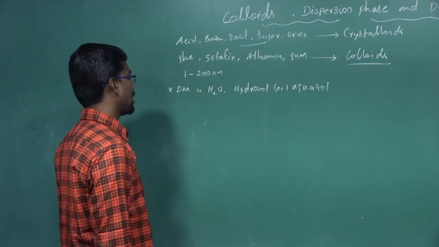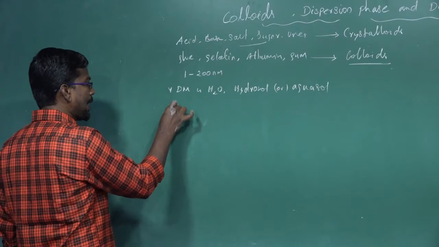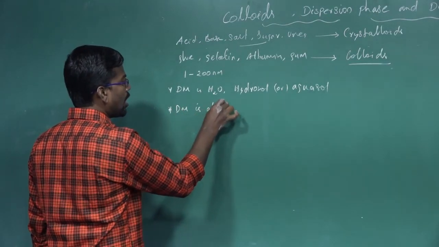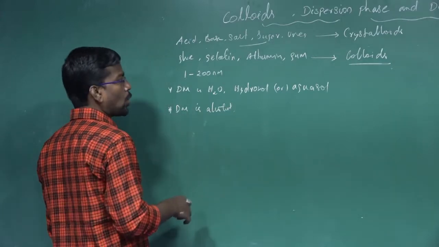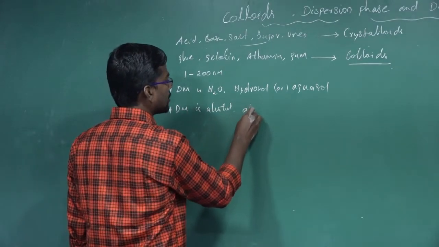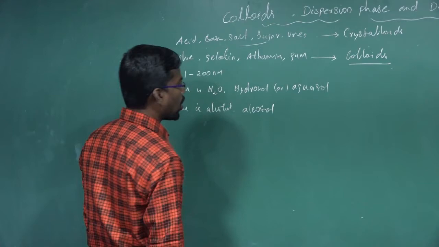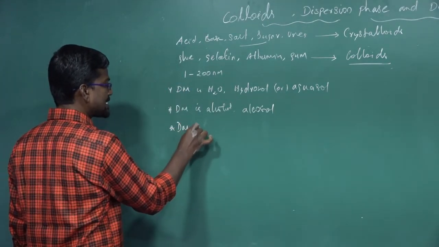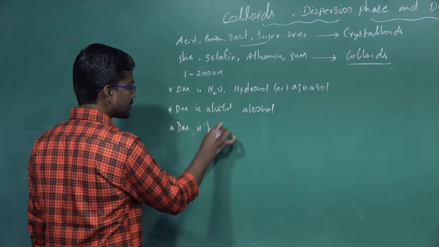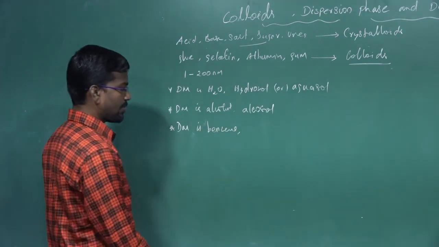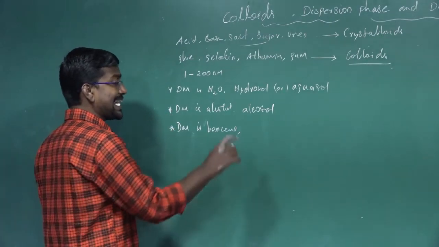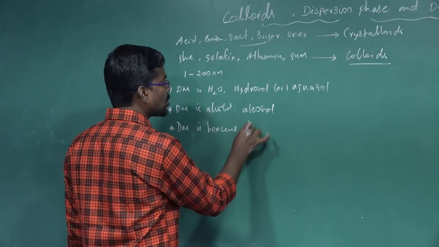If the dispersed medium is alcohol, then the colloidal solution is otherwise called alcosol. If the dispersed medium is benzene, C6H6, then the colloidal solution is otherwise called benzosol.